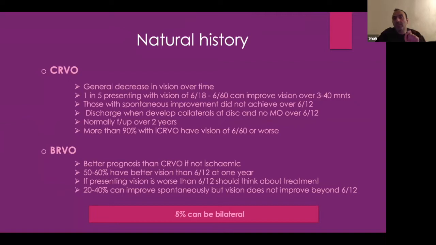The main prognostic factors with management of macular edema are the starting vision and how quickly you can get patients on treatment. If you start treatment longer than 3 months, they don't tend to do well. So really, if they've got established macular edema, you want to treat them ASAP in order to give them the best chance of the vision that they can get. And 5% can be bilateral.